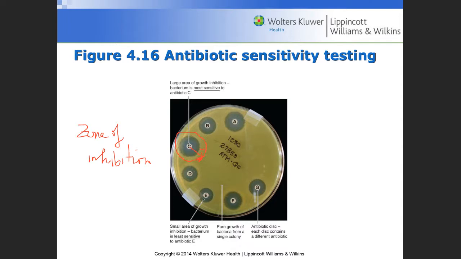And so in this case, for example, E, with the smaller zone of inhibition, is the least sensitive antibiotic. So this antibiotic is no good, for example, right? This antibiotic is okay, but the best antibiotic is the one right here that has the bigger zone of inhibition.